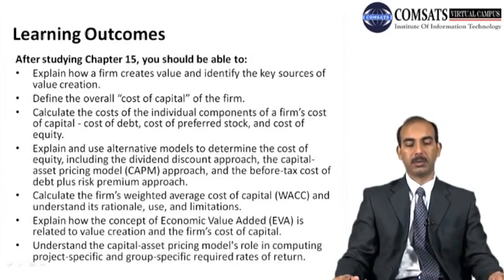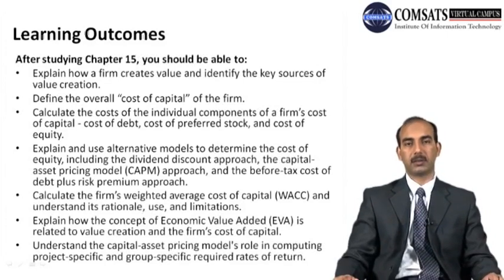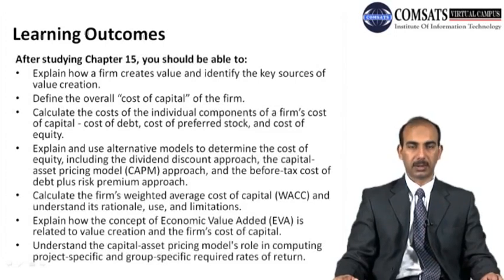And you should be able to define the overall cost of capital of the firm and calculate the cost of the individual components of the firm's cost of capital, that is cost of debt, cost of preferred stock, and cost of equity. And you should be able to explain and use alternative models to determine the cost of equity, including the dividend discount approach, the capital asset pricing model approach, and the before tax cost of debt plus risk premium approach.